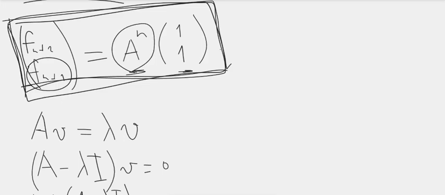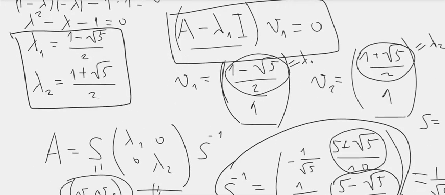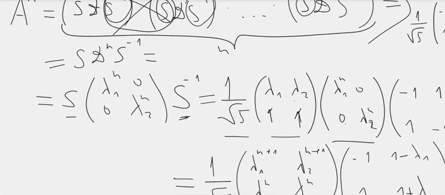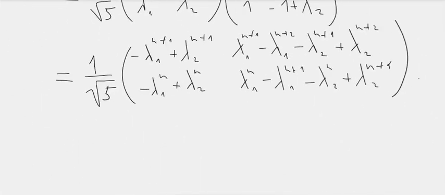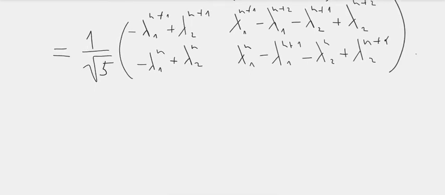Because when we multiply the bottom row by this vector, it would be 1, 1, so it would be the sum of the bottom two elements, and we would get f n plus 1. So let's go back. So this is the expression. Remember that this is the expression for A to the power n, right?